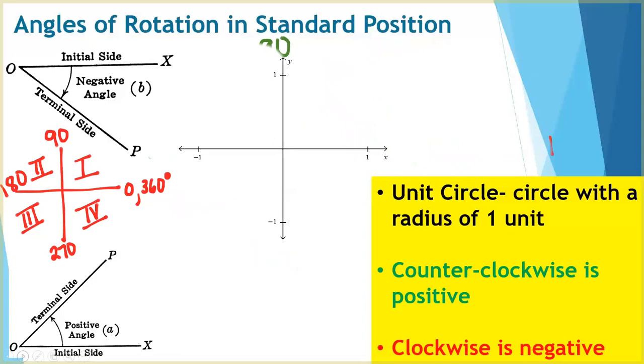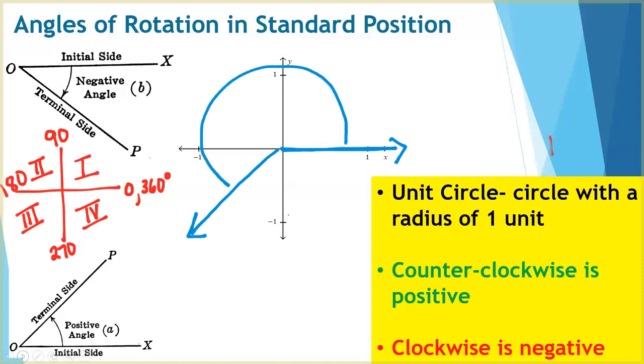A positive 250-degree angle. It's going to be in quadrant 3. So for a positive 250, here, and then it would be somewhere in there. This would be your 250-degree angle.